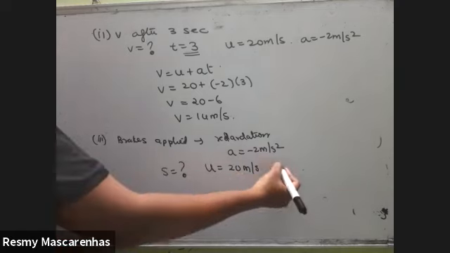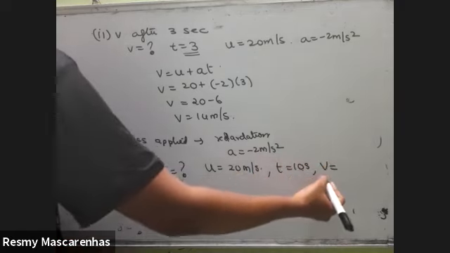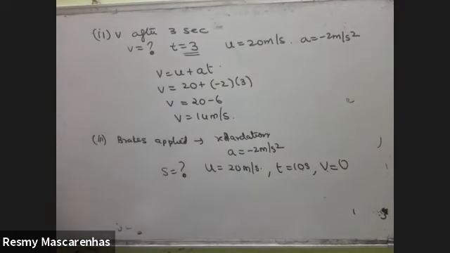Full time also we have. Everything we have now. V also is there. V is 0 till the last point. So you can use the second formula also and you can use the third formula also. Whichever one you want to use, you can use to find the distance.